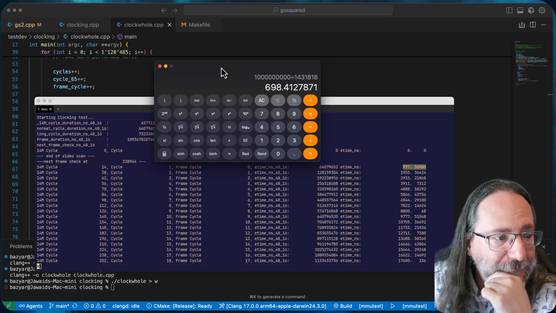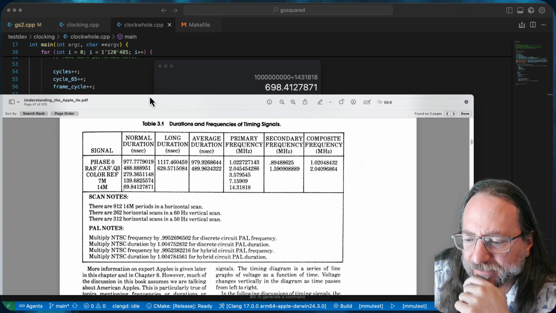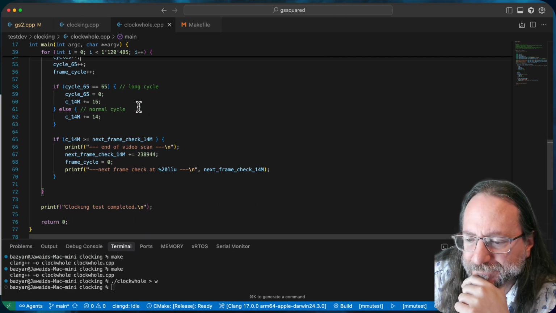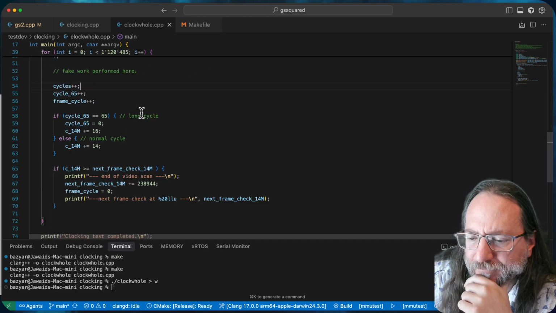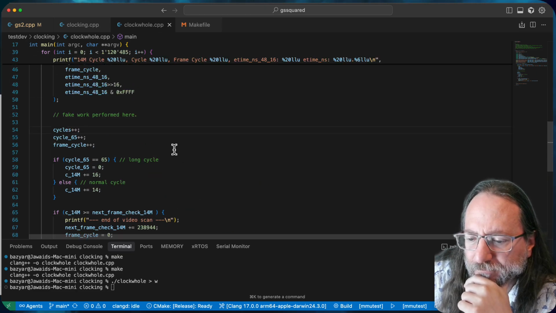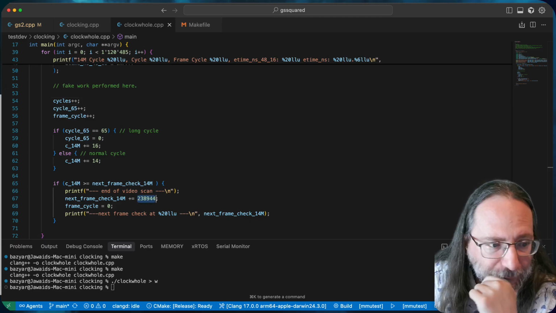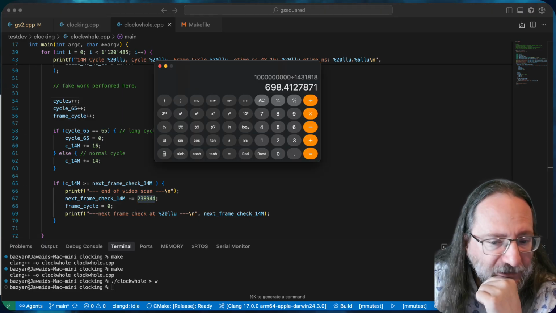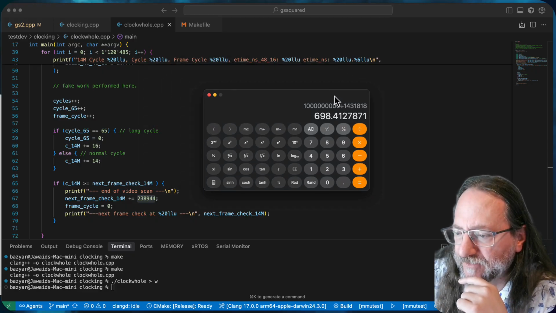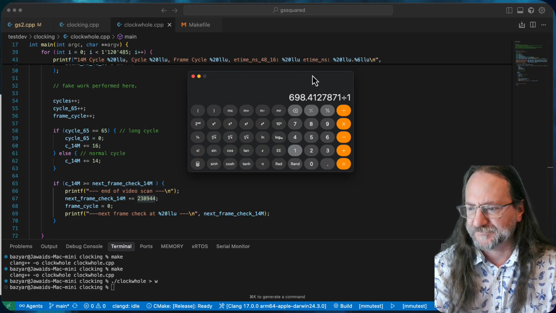So a frame is exactly 200 and some thousand. 238,014 M's. So let's take this much more accurate number, and I need to divide that by 10.